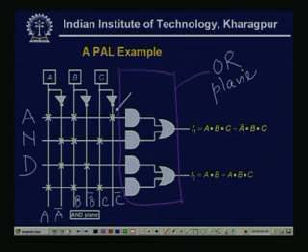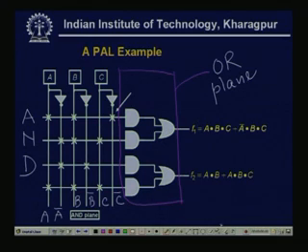As it is programmable, the minterms that are needed or required are synthesized. Then these are the inputs of the AND gates, and these are then realized by the OR.